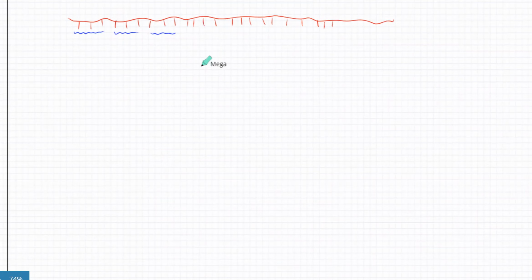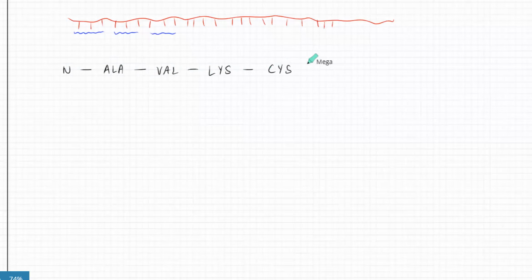But anyway, let's say that the DNA states that you've got an amino acid, an alanine molecule connected to a valine molecule, which is connected to, let's say, a lysine, which is connected to a cysteine, and you've got a C at the end. First thing, what is this N that I wrote, and what is this C at the end?